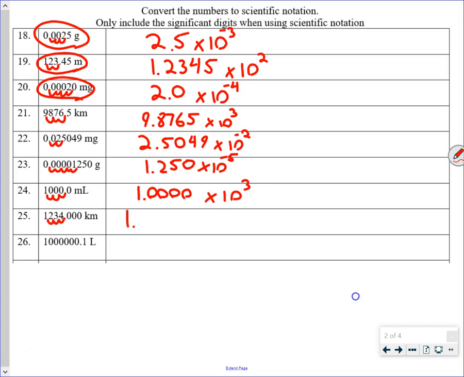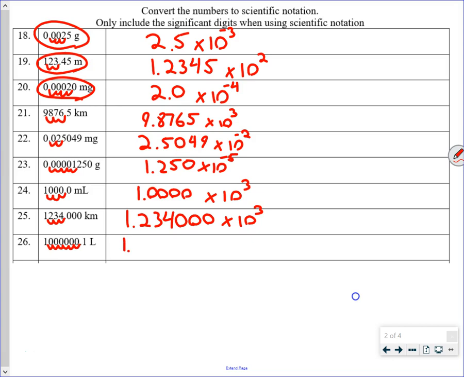In the next one, I move 1, 2, 3 places. So I write 1.234000, again because those all are significant. Times 10 to the 3rd power, and it's a positive exponent. Last but not least, I have 1, 2, 3, 4, 5, 6 places I have to move my decimal.